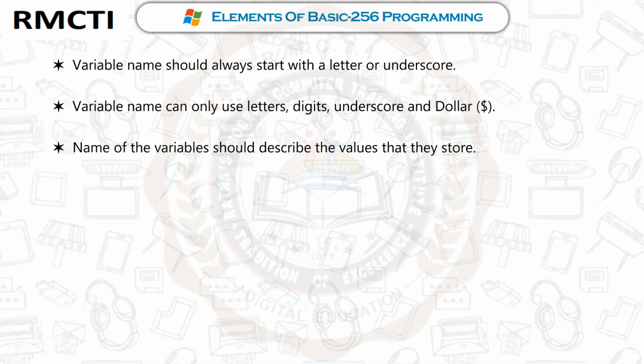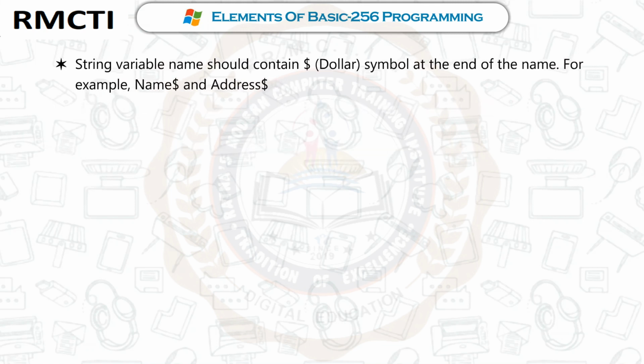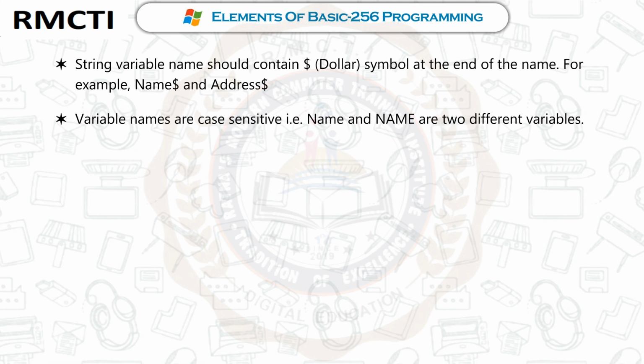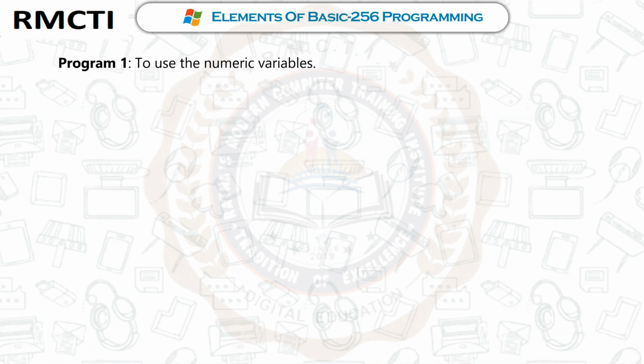Name of the variables should describe the values that they store. String variable name should contain dollar symbol at the end of the name. For example, name dollar and address dollar. Variable names are case sensitive. That is, name and Name are two different variables.